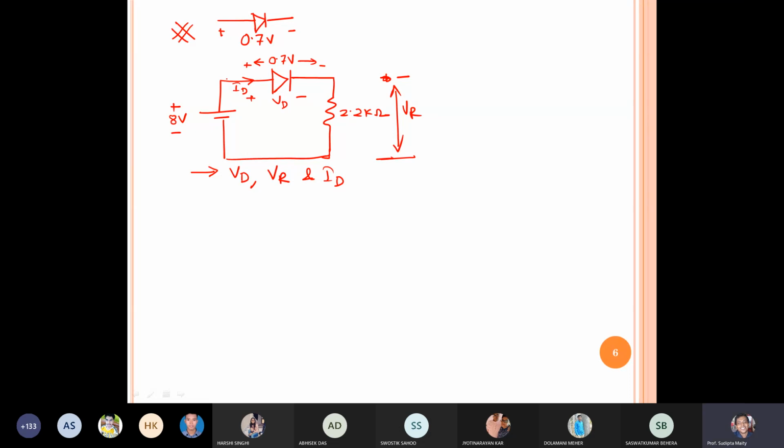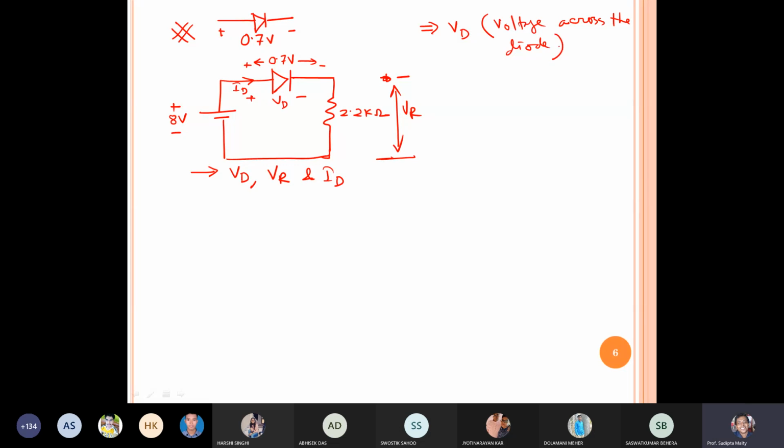In a particular circuit where the diode is connected to a DC voltage source through a simple resistor, the resistance is 2.2 kilo ohm. It is very easy. Now it is asked to find VD, VR and ID. Done, sir. Okay, don't tell the answer, just check. Suppose let's find VD. VD is the voltage across the diode.